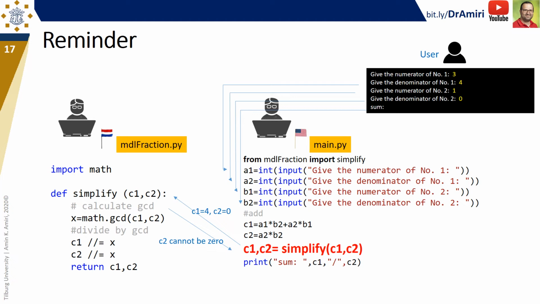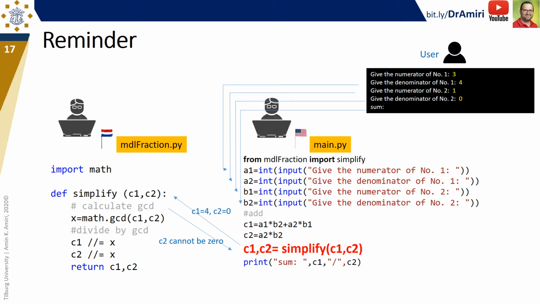So normally, the American programmer who is in charge of interacting with the user must have a kind of code in main.py that would check if B2 or A2 are equal to 0, and if they are 0, the program should be terminated and a print message should be shown to the user that the denominators cannot be 0.